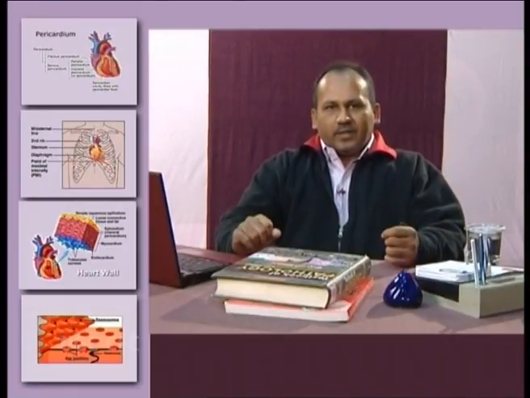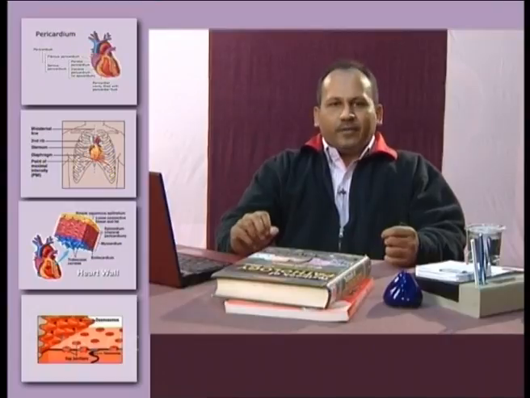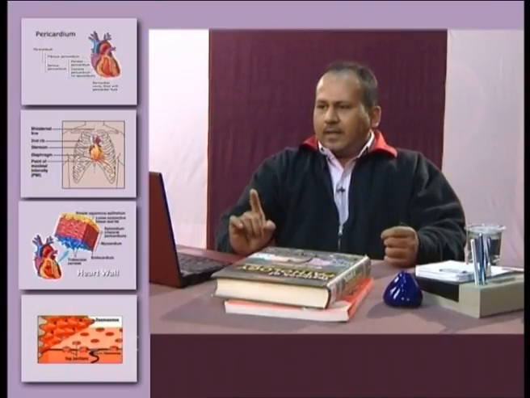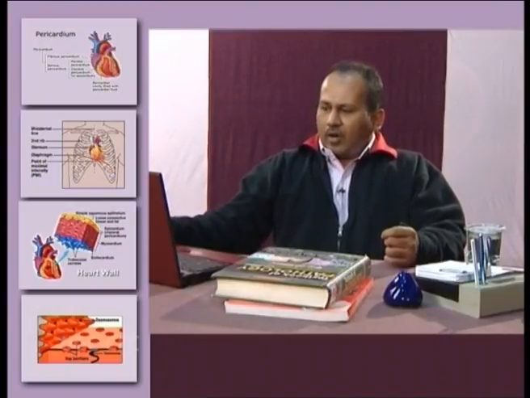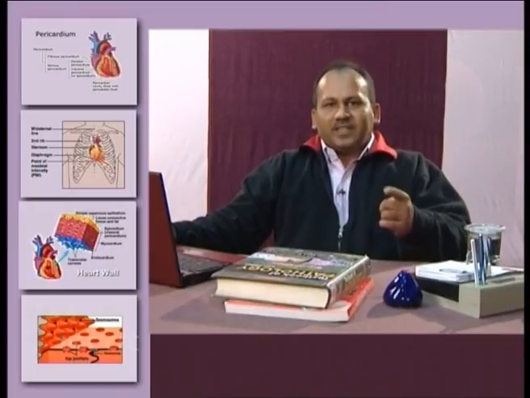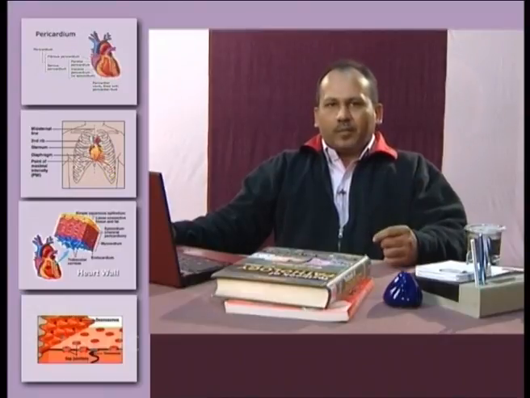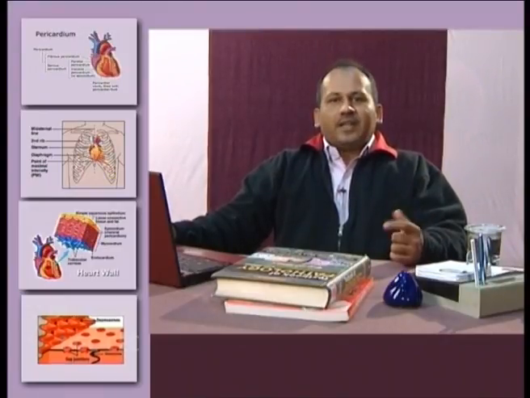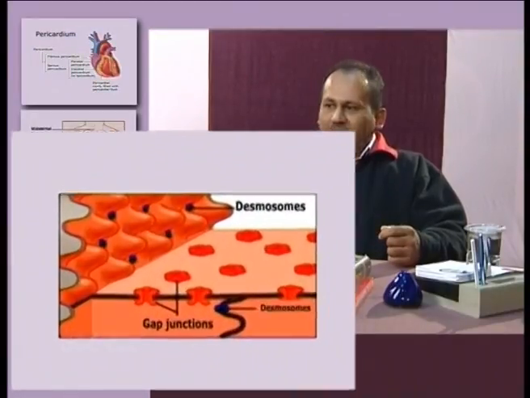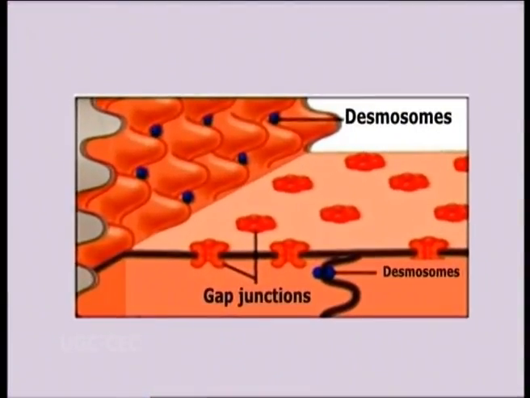Both have striations, that is right, but there is a slight difference in the sense that the cardiac muscle fibers are multinucleated and have actin and myosin filaments. This is a character similar to the skeletal muscles, but there are special cell-cell contacts. There are desmosomes. As you can see in the diagram, the desmosomes hold the cardiac muscle fibers together.